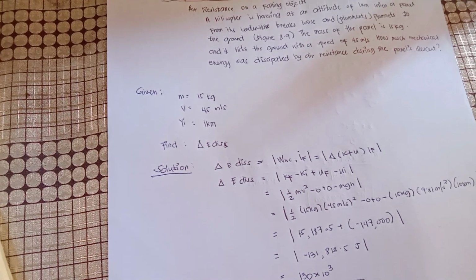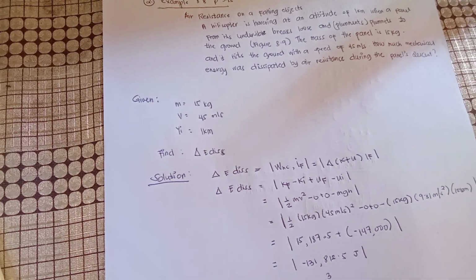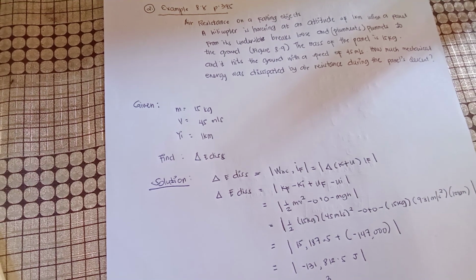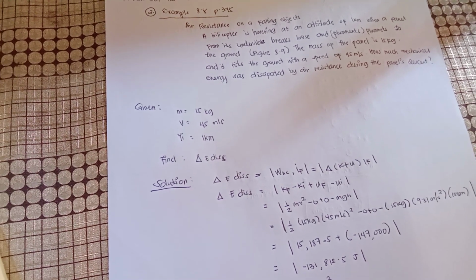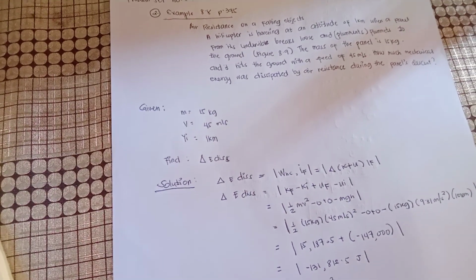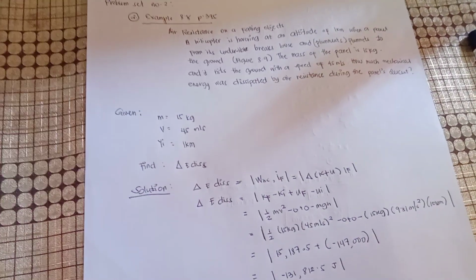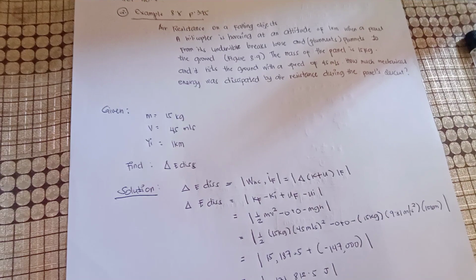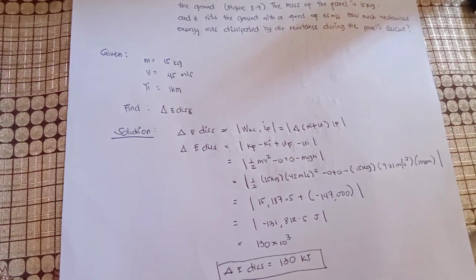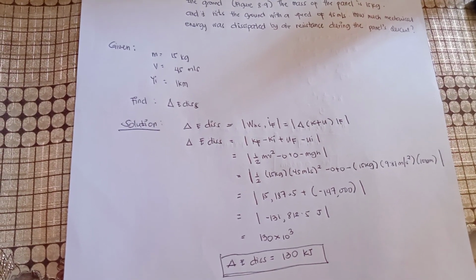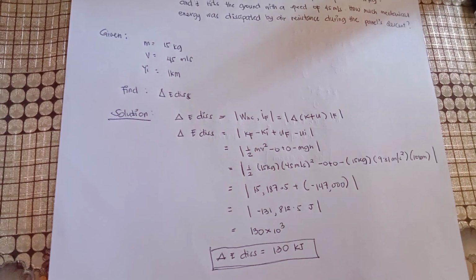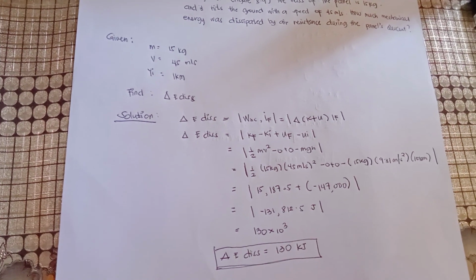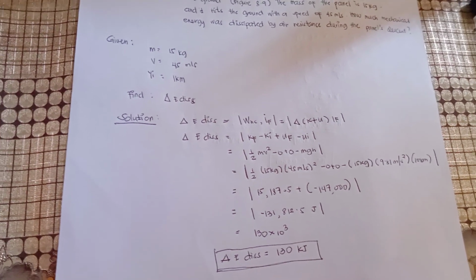That equals the absolute value of the non-conservative work, which equals the absolute value of the change in kinetic energy plus potential energy. So it is 1/2 mass velocity squared minus 0 plus 0 minus mgh, or mass times gravity times height.